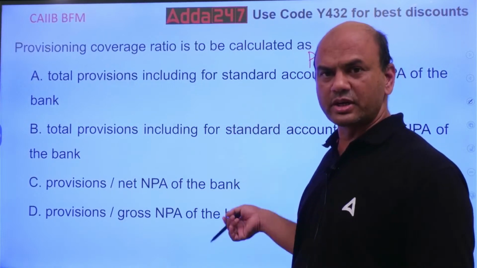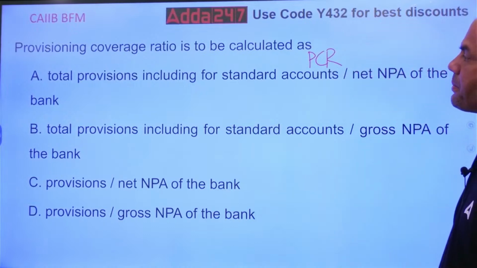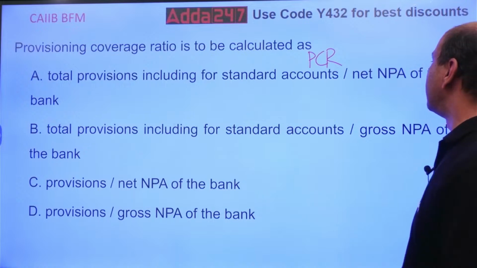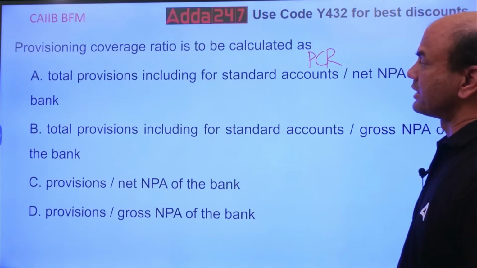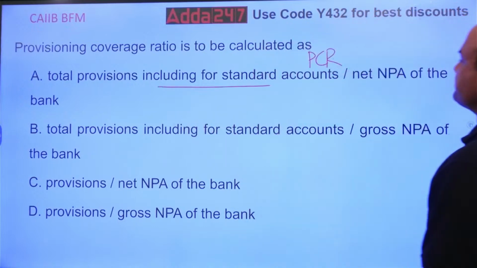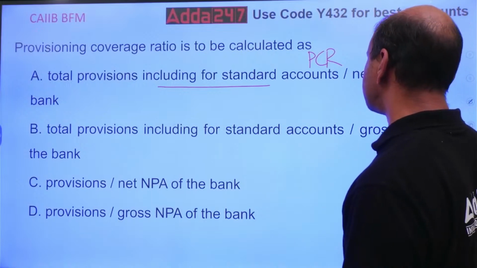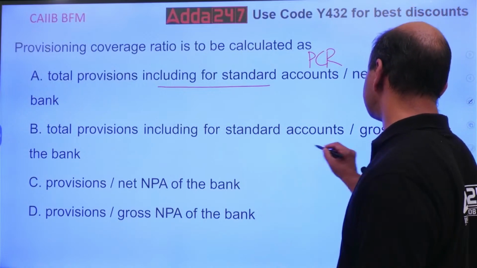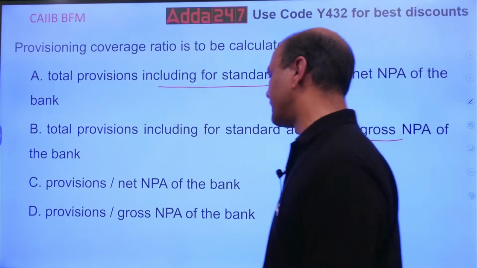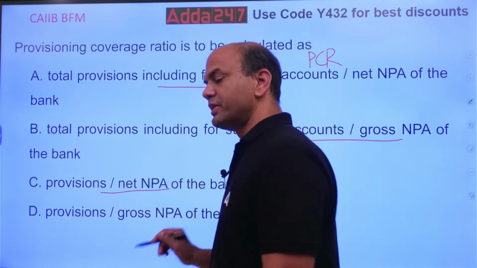Now let's look at the question. Provisioning coverage ratio is to be calculated: total provisions including standard accounts and net NPAs of the bank; total provisions including standard accounts and gross NPAs; provisions and net NPA of the bank; provisions and gross NPA of the bank.